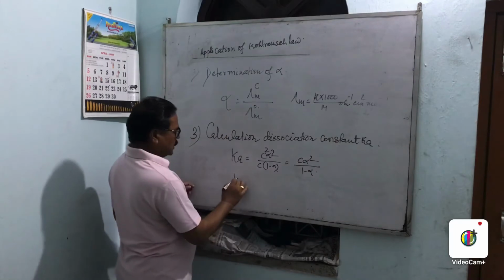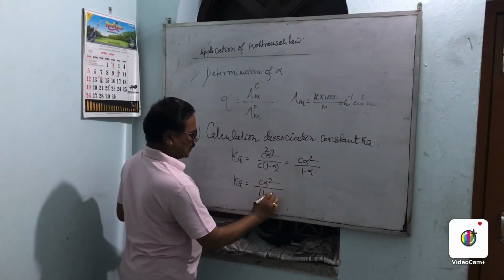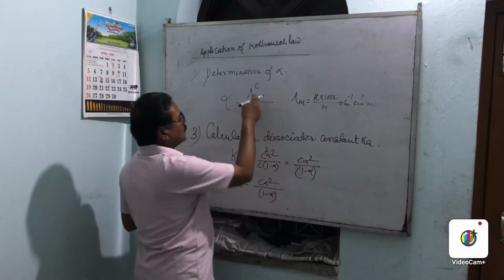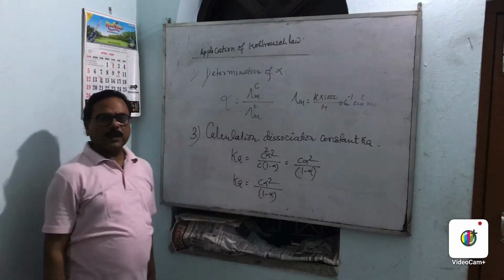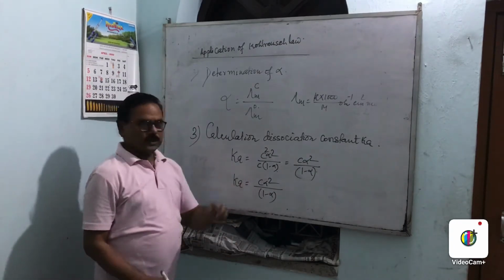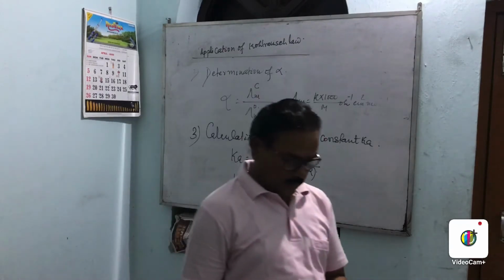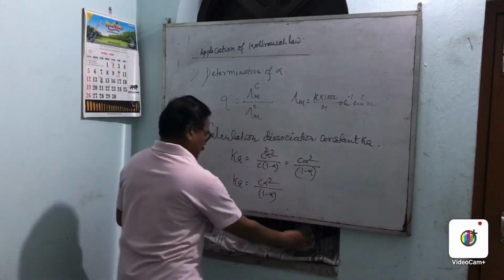So the dissociation constant is C alpha square over 1 minus alpha, and alpha is known from before. Putting in the value of alpha, we are able to calculate the dissociation constant for the acid.